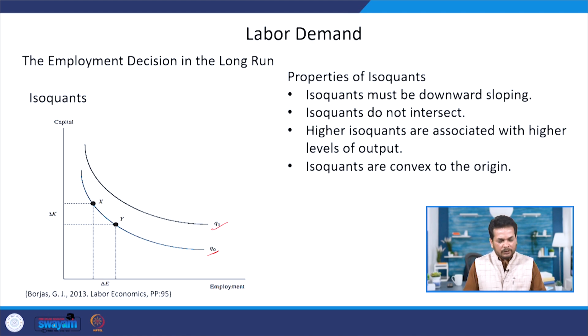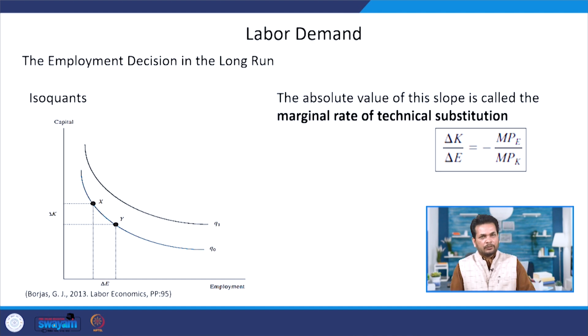Now, if we want to find the slope of these isoquants, what exactly happens when the farm moves from point x to point y? The farm is substituting this much capital by this much labor in order to produce Q0 level of output.